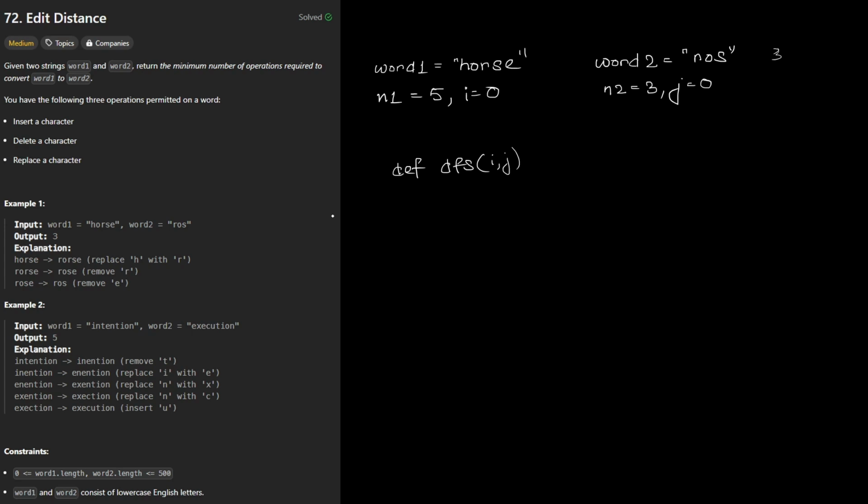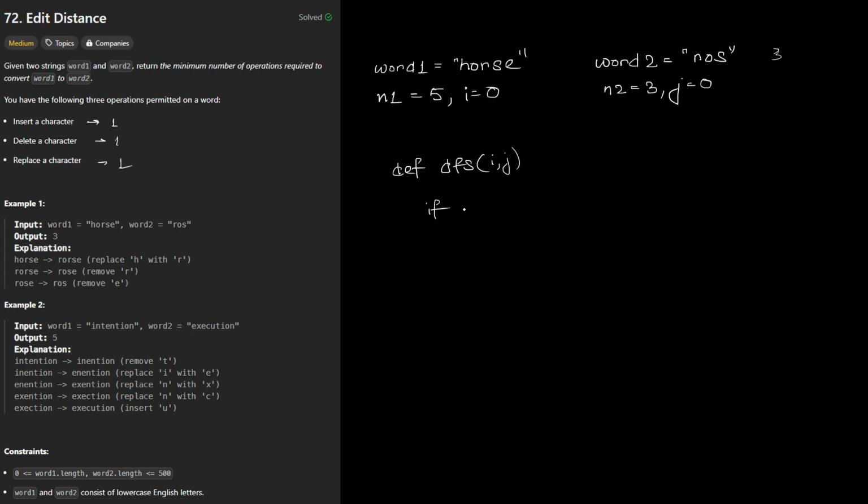Here we do not have to count the number of deletions or insertions or replacements separately. What we need to do is count: this is also going to be 1, this is also going to be 1, this is also going to be 1. So if I have reached the end, this would be the base condition.